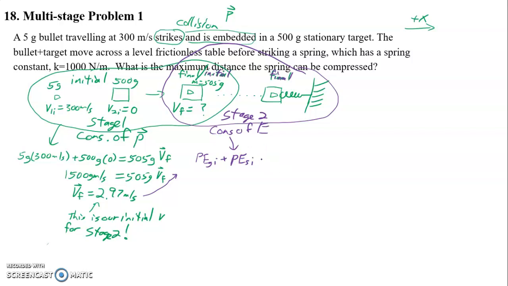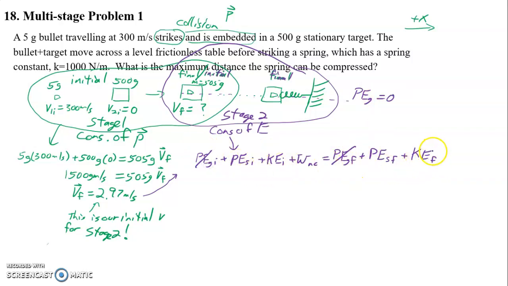The gravitational potential energy plus the spring potential energy plus the kinetic energy plus the work by non-conservative forces is equal to how much gravitational potential energy it has afterward, how much spring potential energy it has afterward, and how much kinetic energy it has afterward. All right, now we got to think through this. Call this level the place where gravitational potential energy is 0, and so we'll get rid of both of those.